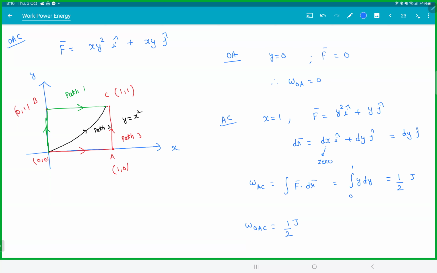Y is equal to x square. I hope you got the idea now. Y is equal to x square is straightforward. Put x square in place of y. Try, I'll give you one more minute for the B part.